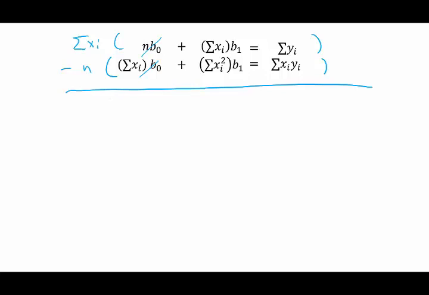In the first equation, we'll get the sum of the xi squared times b1, and in the second equation, we'll get minus n times the sum of the xi squared times b1, after factoring out b1. Now on the right-hand side, we're going to get the sum of xi times the sum of yi minus n times the sum of the xi yi's.